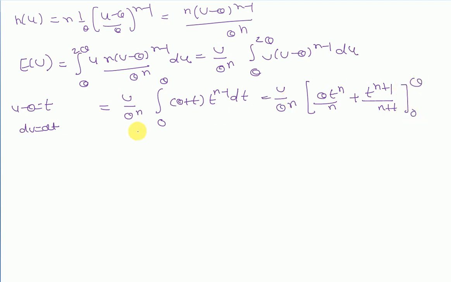After putting the limits, when we replace t with 0 we will get 0, so we will not consider the second term. We are thinking about only the first term when we replace t by theta.